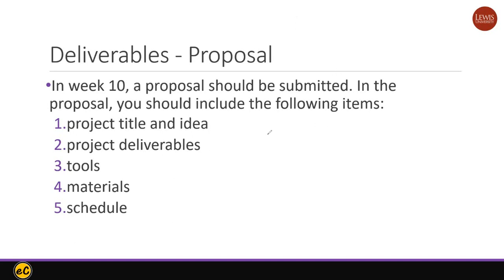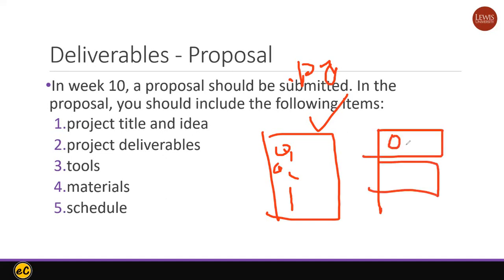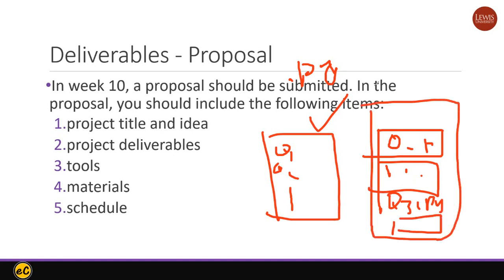Okay. If you submit Q1, Q2, Q3, Q4 in 1 file, that's okay. 1.py, that's okay. If you submit Q1.py, Q2.py, Q3.py, Q4.py, please zip it into 1 zip file.